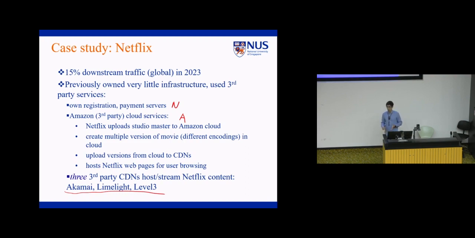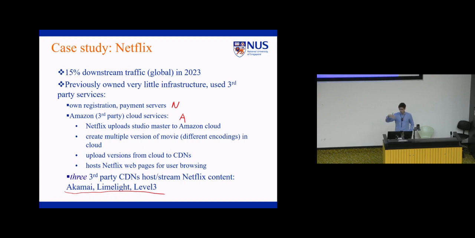These are the CDN service providers, which have thousands of servers around the world. So what happens in the end is that when a user logs in to Netflix or enters credit card information, it still goes through Netflix servers. So your HTTP client is talking to Netflix's own servers.